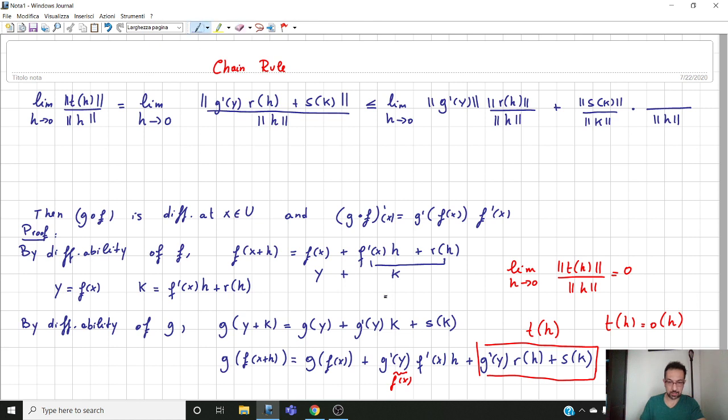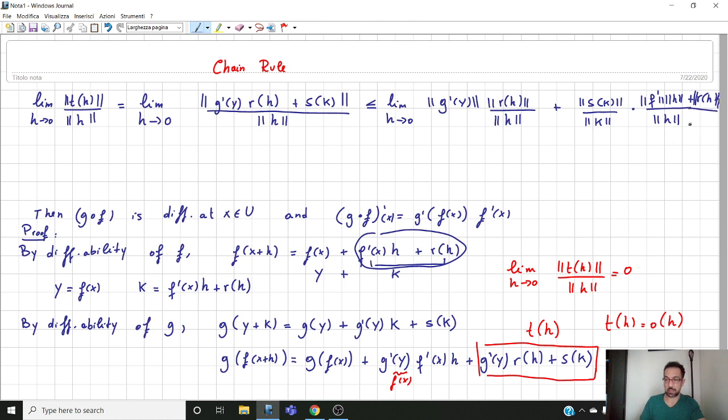The norm of k is the norm of f prime of x times h plus r of h. I'm going to use still the fact that the norm of f prime of x times h is less than or equal to the norm of f prime times the norm of h, plus the norm of r of h. Hopefully you can see that.